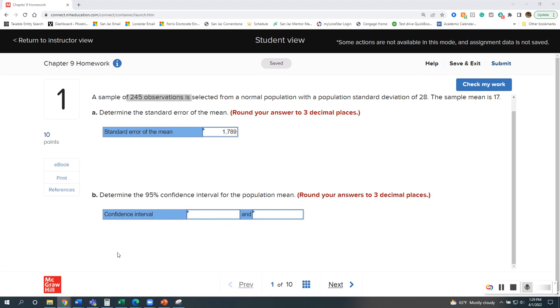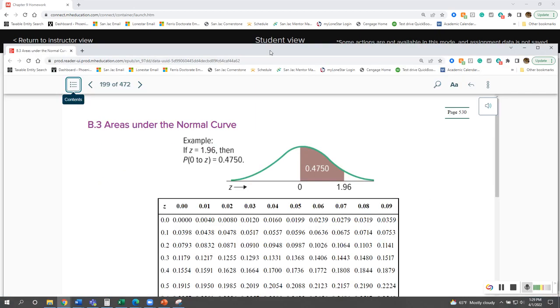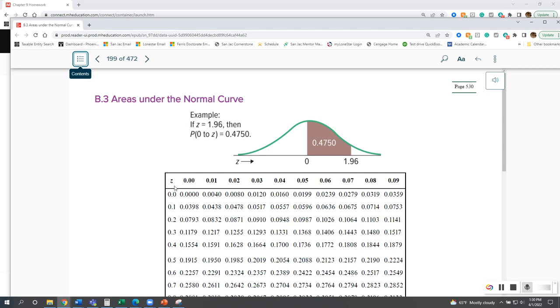So in our book, right here, z. Remember, with 95, we have to divide by 2.